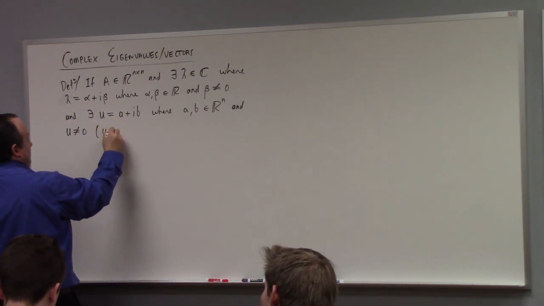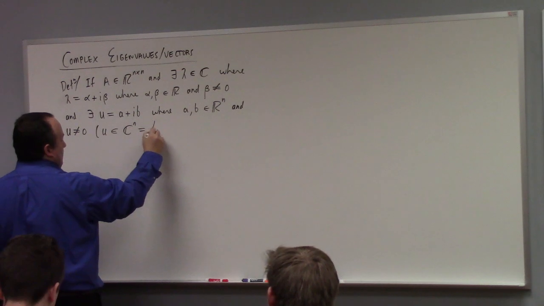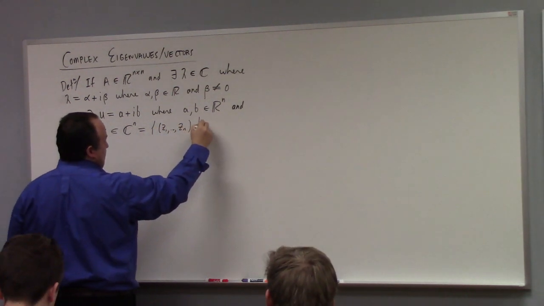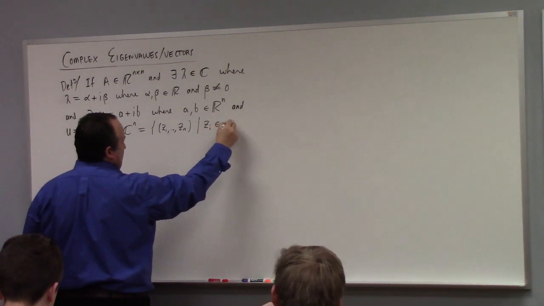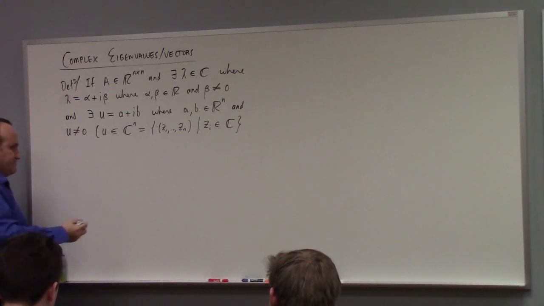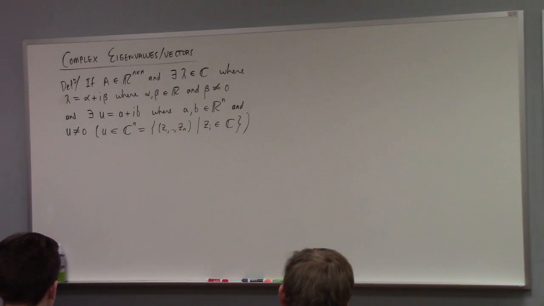So here, technically, u would be an element of C^n. C^n is like z1 through zn, such that z sub i is in the complex numbers. So in the same way we can talk about a vector of real components, we can talk about a vector of complex components. This is just a complex vector.